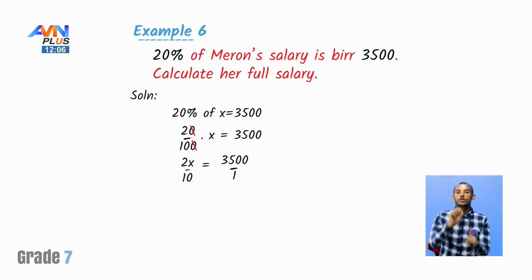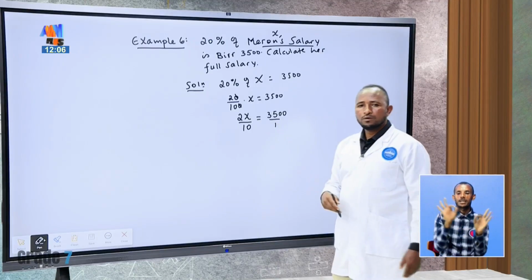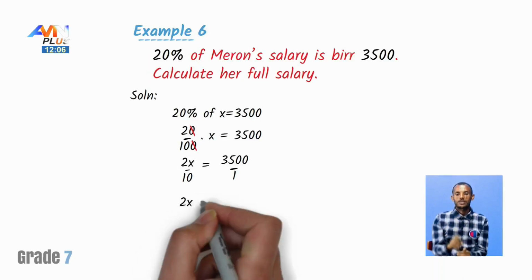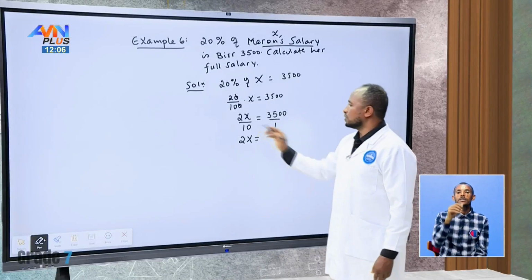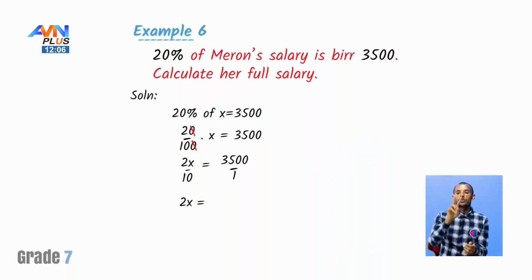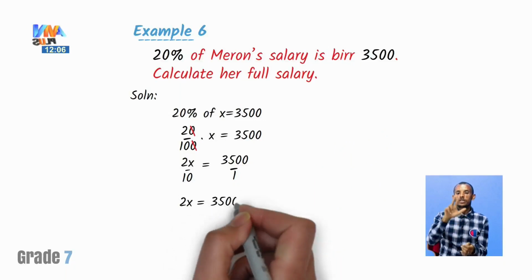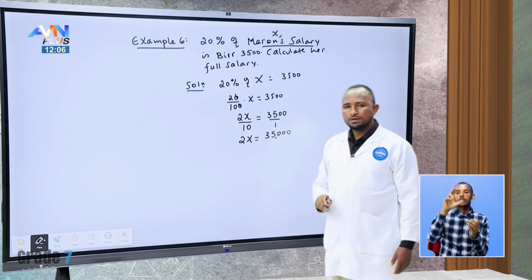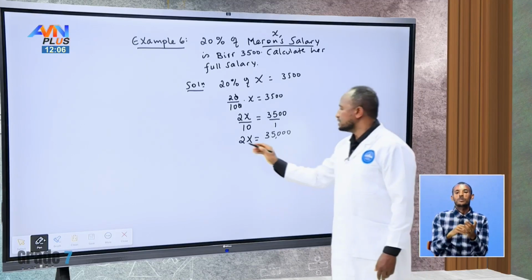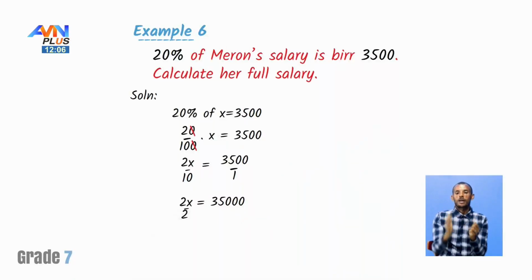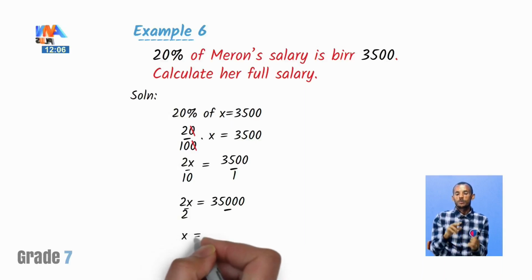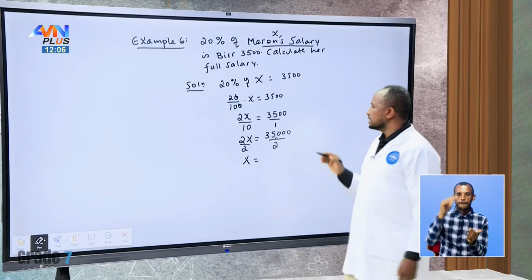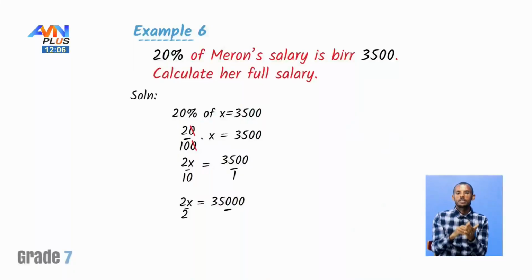So to find x, just apply cross multiplication. 2x times 1 gives you 2x is equal to, the product of the two is 35,000. And then to find x, let's divide both sides by 2. This cancels out. X is equal to, let's divide this 35,000 by 2.